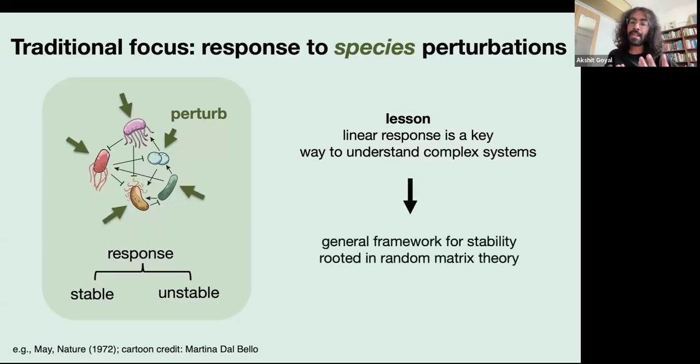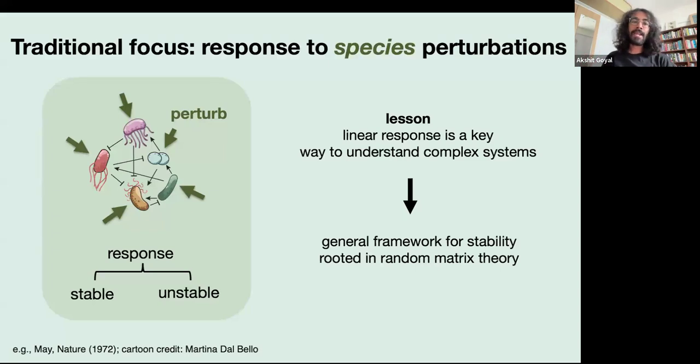Theoretically, it has also given us grounding in that we now have a pretty general framework for talking about stability of this kind. That's rooted in ideas from random matrix theory, but also in general from linear algebra and so on. These are the kinds of mathematics that we use.